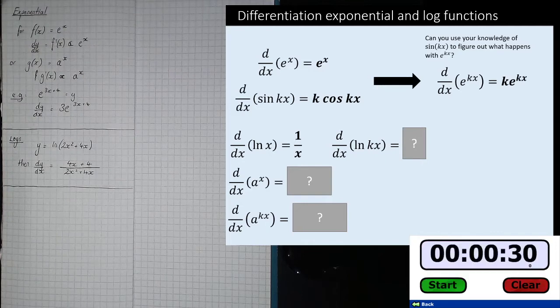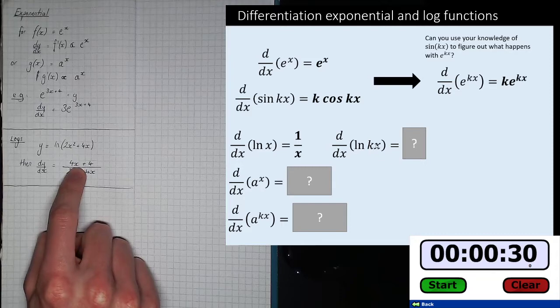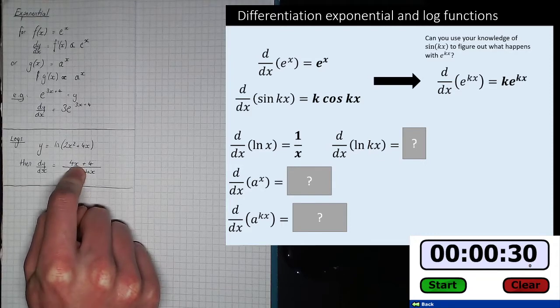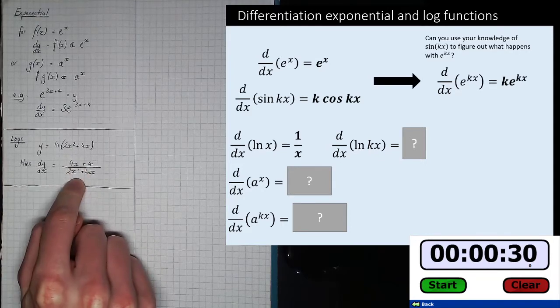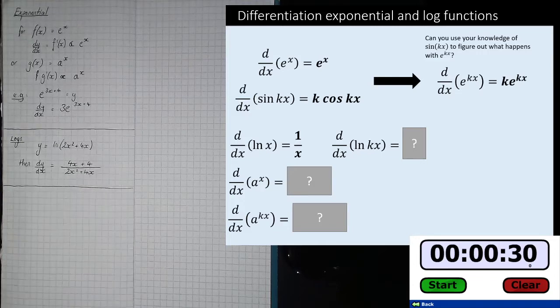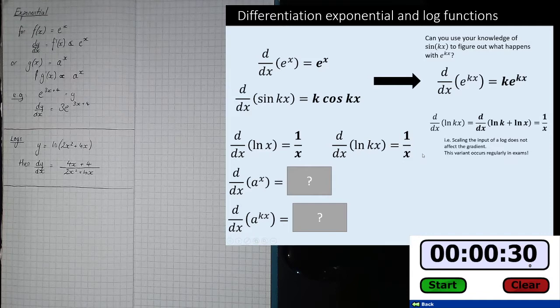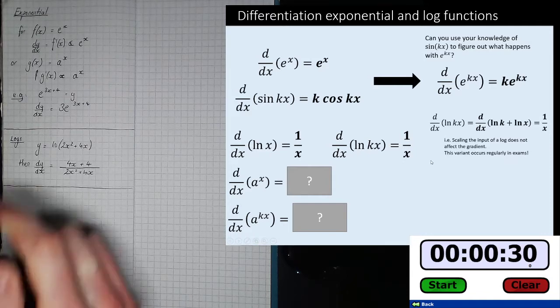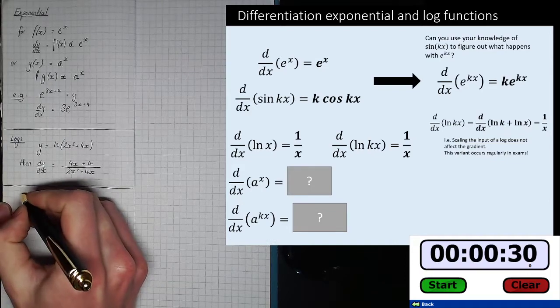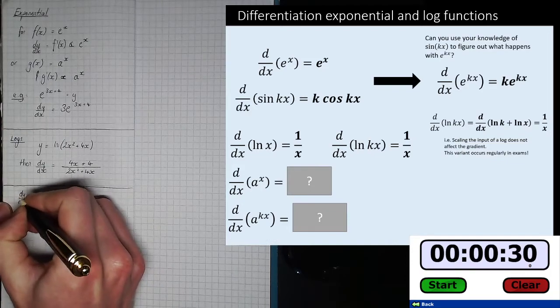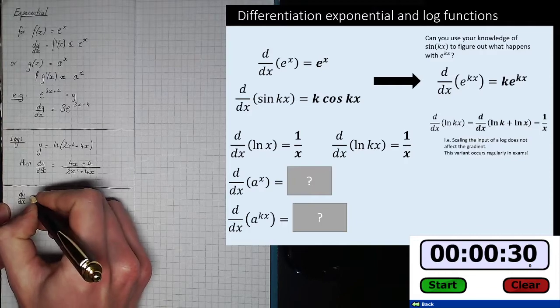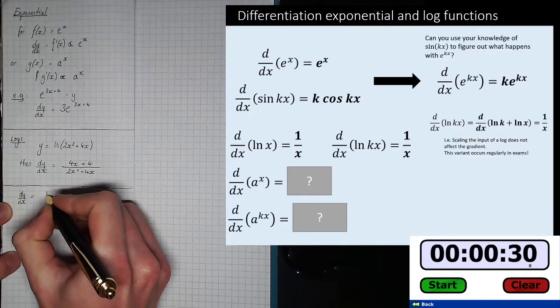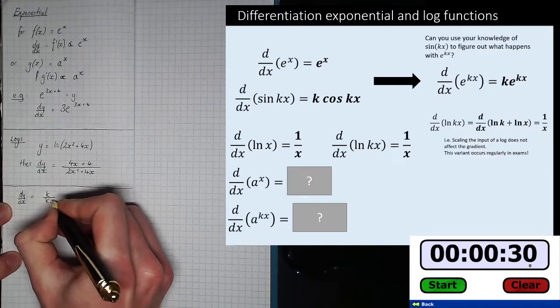Alright, so if you had ln kx, you may have remembered that the derivative of the ln function goes to the top over the original one. Now, when that simplifies, what we get is just 1 over x, okay? Because for the ln kx we would have k over kx.